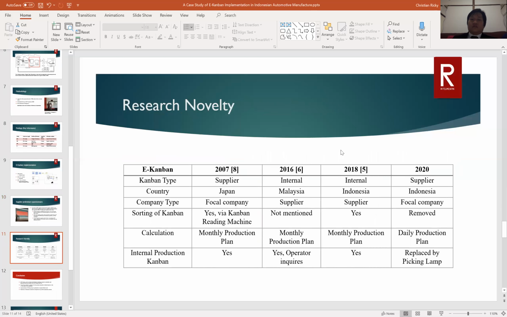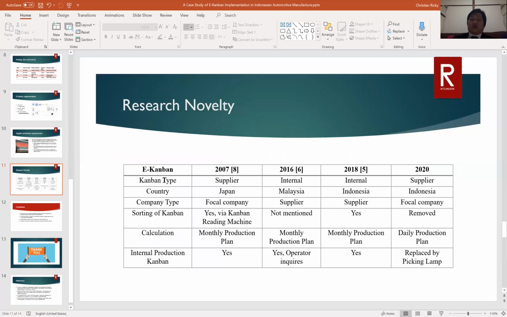And this is the research position. We have different types of Kanban. In this research, we focus on the supplier Kanban, and the country is Indonesia. One important thing is we do the research in the focal company.